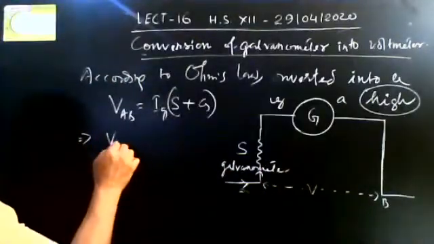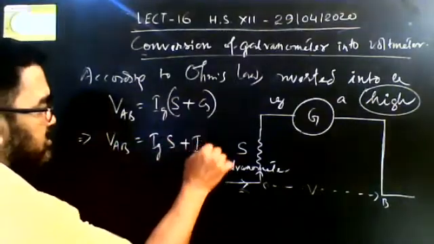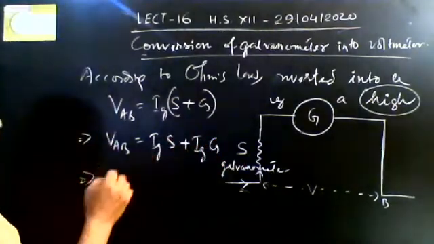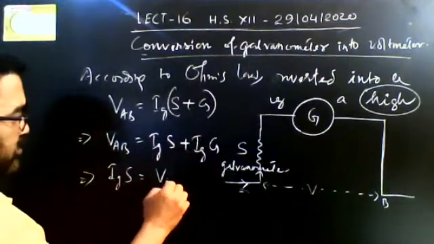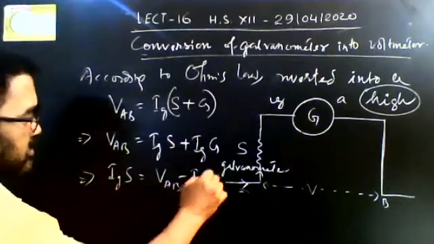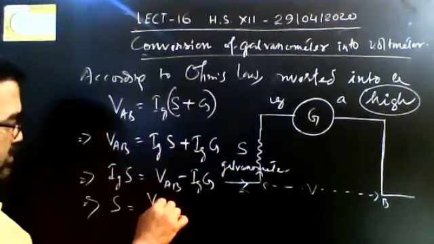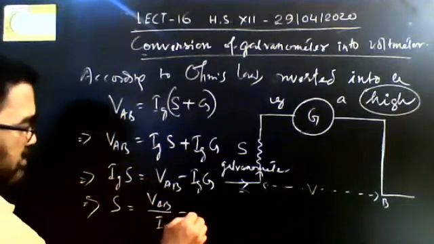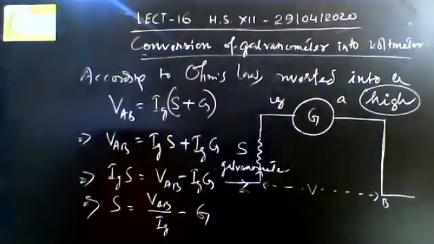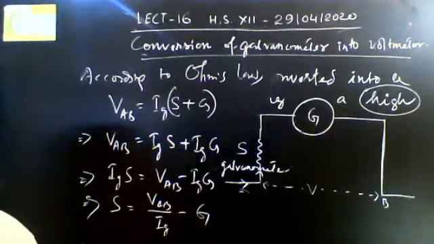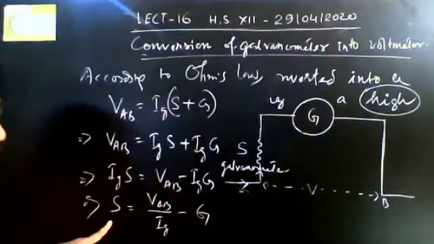So VAB equals IgS plus IgG. So S equals VAB by Ig minus G. So this is the equation by using which you can easily find out the value of shunt resistance.